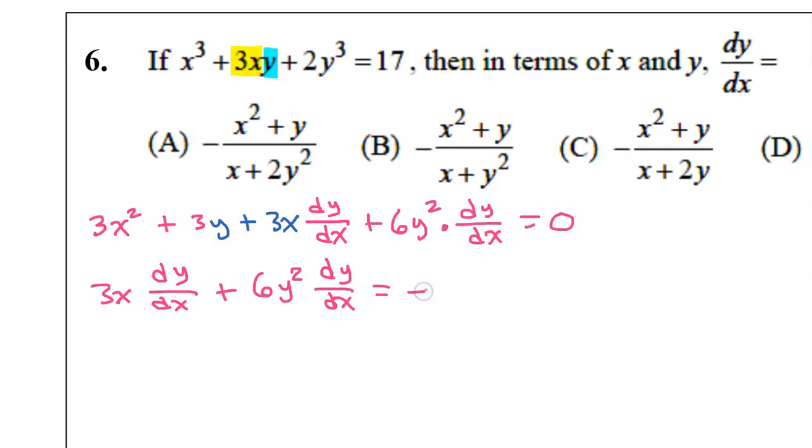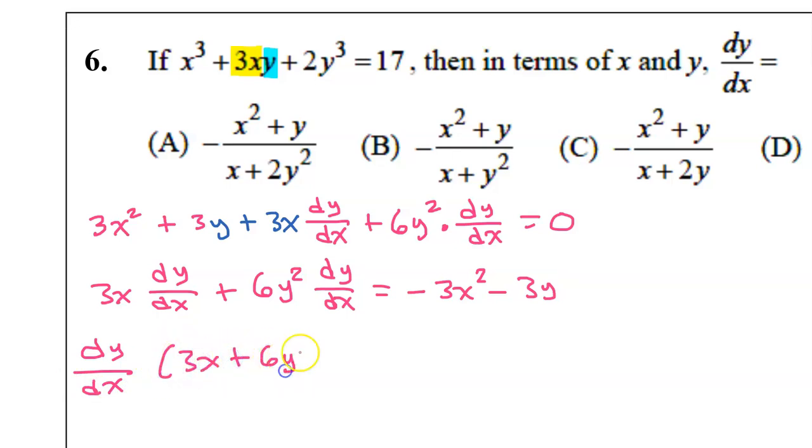So we will end up with negative 3x squared minus 3y. Now, on the left side of the equation, we will factor out dy dx as a GCF. So we will have dy dx, and that will leave behind 3x plus 6y squared.